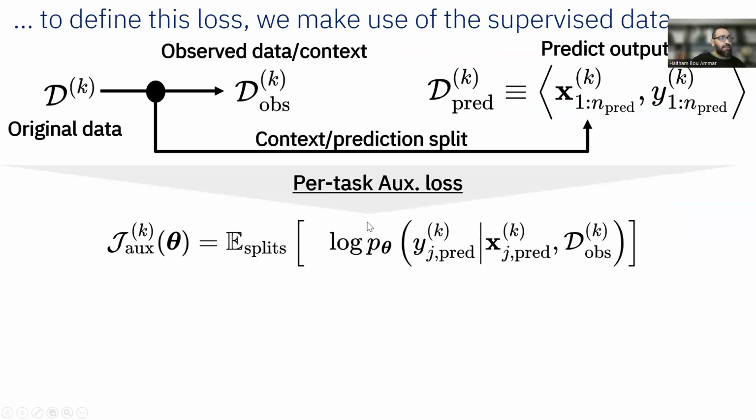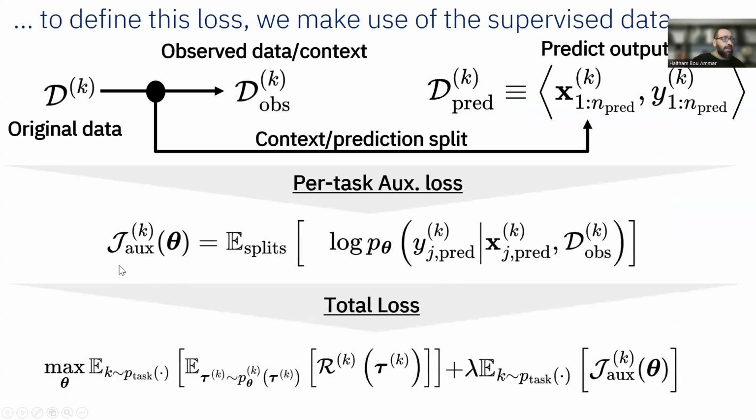Then I define my auxiliary task as the likelihood of predicting y conditioned on x and the observations, with a total loss over all the tasks. As you see, this part is a regularizer working on part of the network, not the whole network, allowing it to become a probabilistic model.